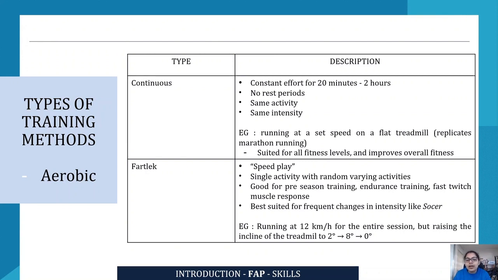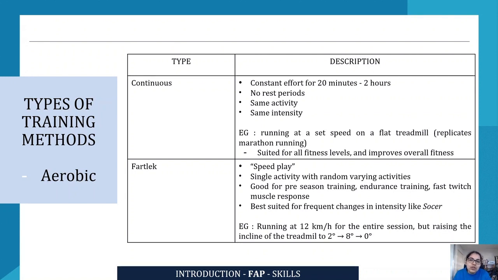However, fartlek, on the other hand, you can also call speed play, because this is where you're doing a single activity with random varying activities. This is the sort of activity that you do in, for example, pre-season, where you're focusing on aerobic capacity, endurance training, and strength training as well, for example fast twitch muscle response.